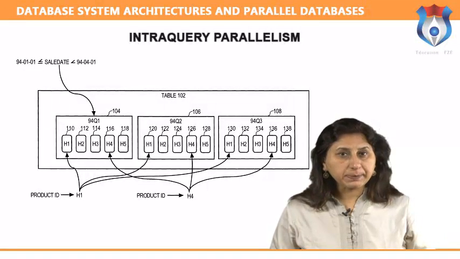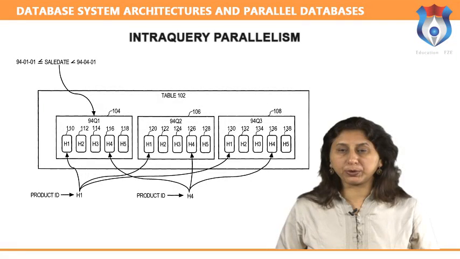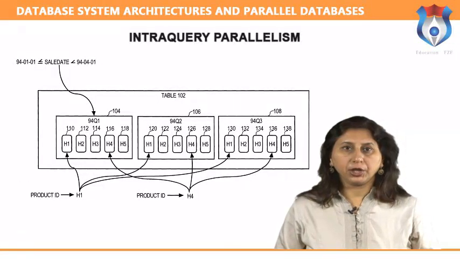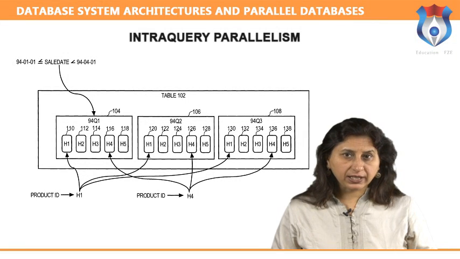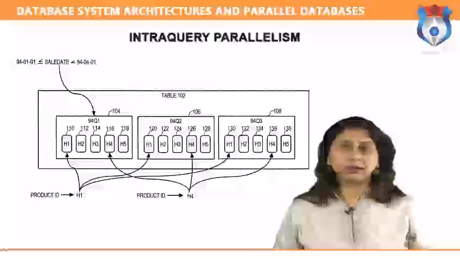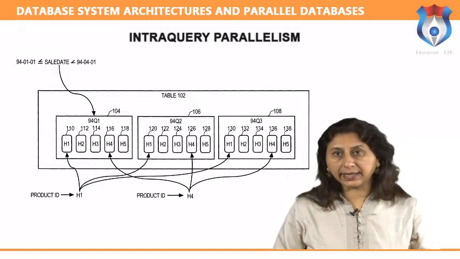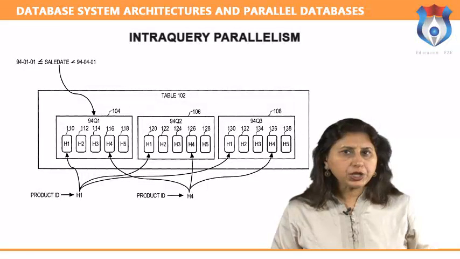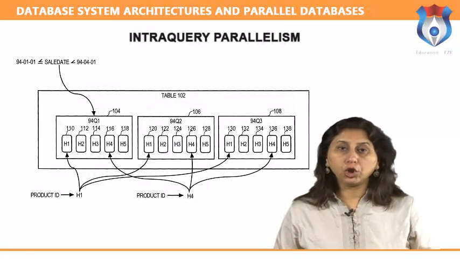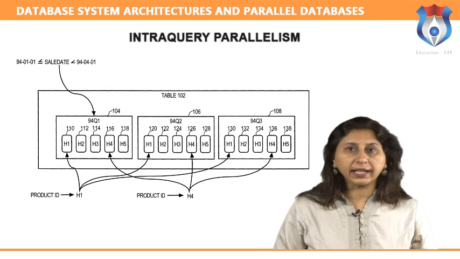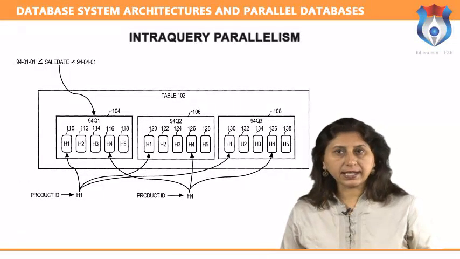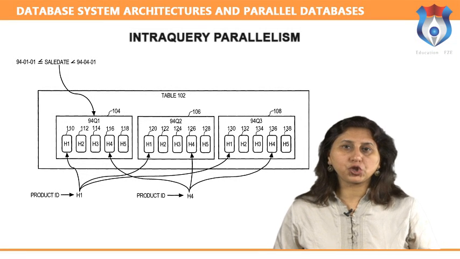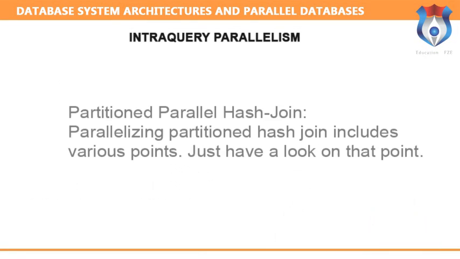R and S must be partitioned on their join attributes R.A and S.B. Using the same range partitioning vector or hash function, partitions Ri and Si are sent to processor Pi. Each processor Pi locally computes Ri ⋈ Si on R.A = S.B. Any of the standard join methods can be used.